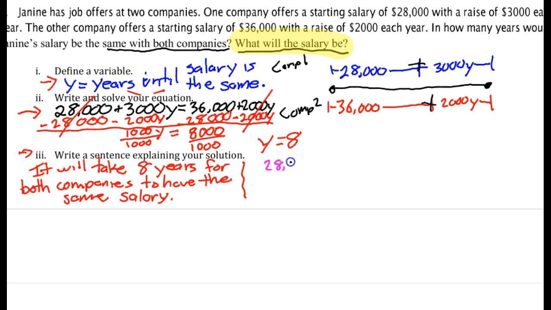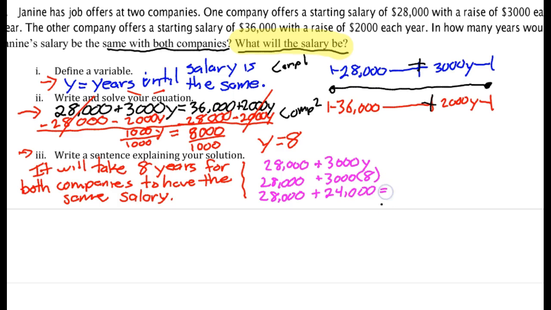I'm going to do both just to show. 28,000 plus 3,000 times 8 years. 28,000 plus, let's see, 3 times 8 is 24, so that'd be 24,000.